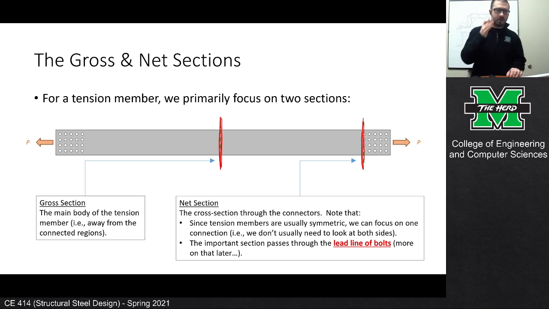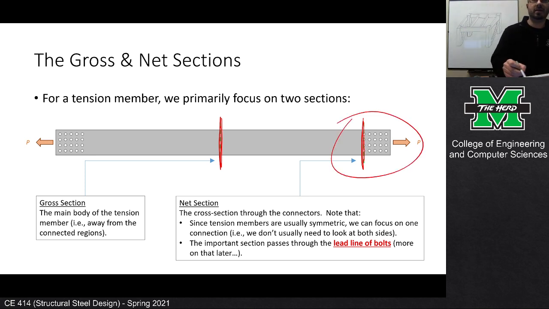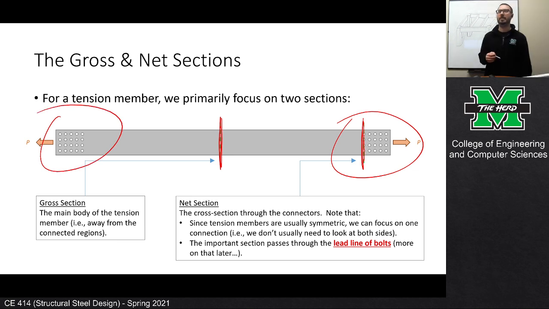Now, for the net section, and I actually typically don't put this in my slides. This is some sort of new material, but because we're doing this virtually, I want to make sure that everybody's on the same page. So number one, tension members are usually symmetric, right? They tend to look the same over here as they do over here, okay?